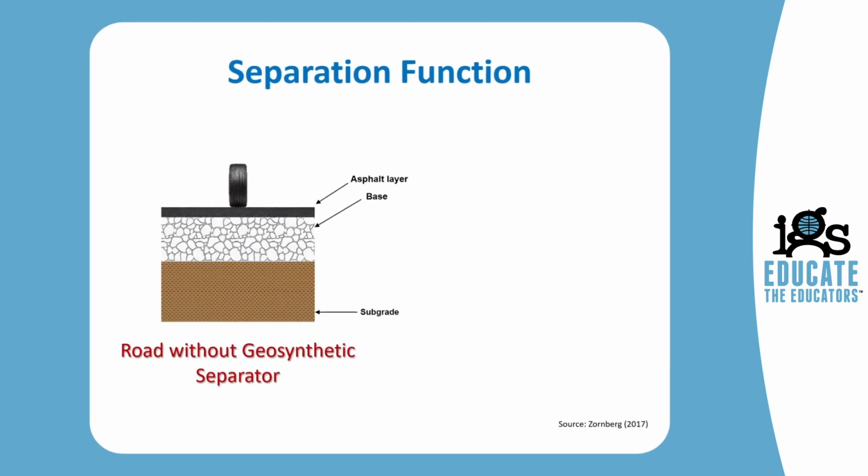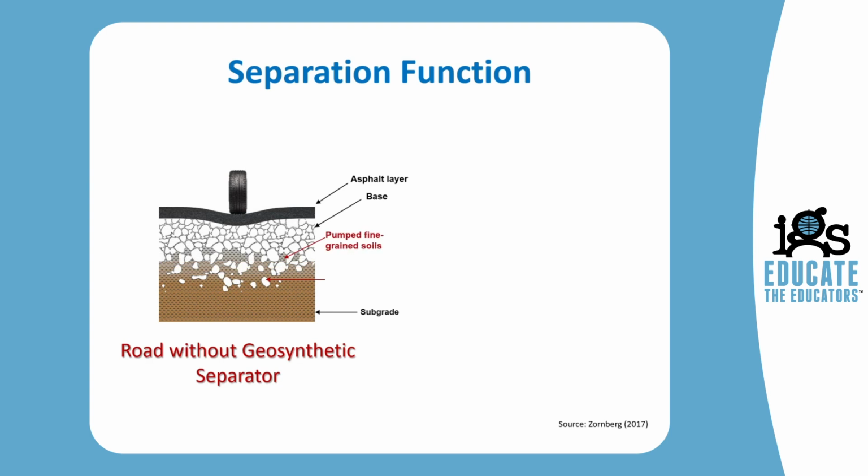Just to further evaluate the mechanisms involved in the intermixing of materials, in the case of a roadway in particular, when we have an unbound aggregate gravel in contact with a soft subgrade, there are two mechanisms that play a role in the long-term performance due to the lack of separation.